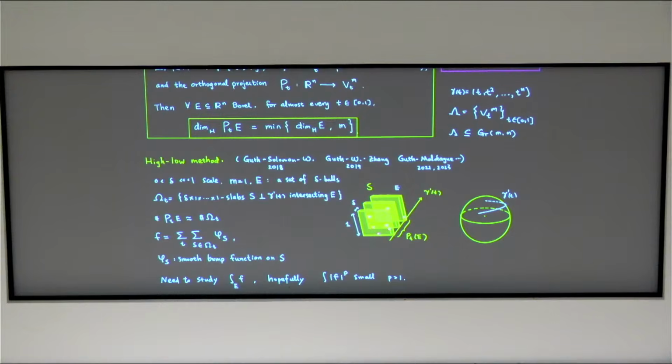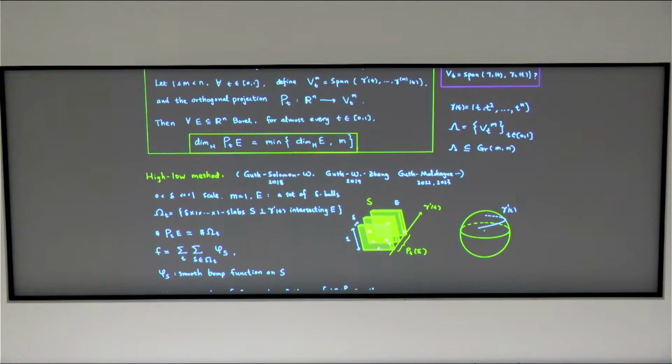So as in the first few previous talks, we usually consider some delta thickening of the geometric object. So now instead of considering a t-dimensional fractal set in R^n, we can consider E to be a set of delta balls.